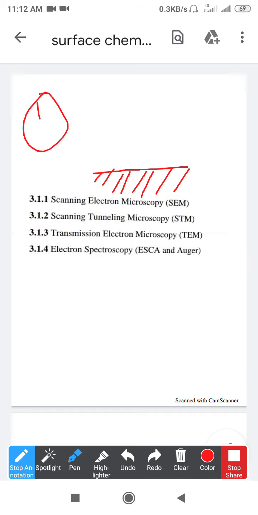We are going to incident some primary beam, which may be of any type, meaning electrons, radiation or some other ions, on any part of the solid. This means we can select any spot on the solid.